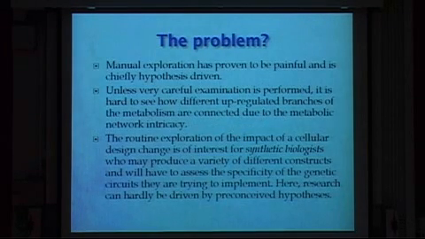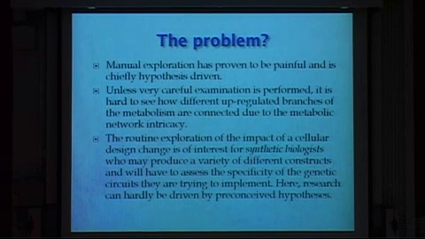The problem is that when you generate a lot of data from proteomics, I'm talking mainly about proteomics here, but it can also be from transcriptomics, manual exploration is often painful. It can take several weeks longer to do the analysis of the systems level information than to do the experiment itself. Unless very careful examination is performed, it's hard to see how different upregulated branches of metabolism are connected to each other due to the intricacy of the network.